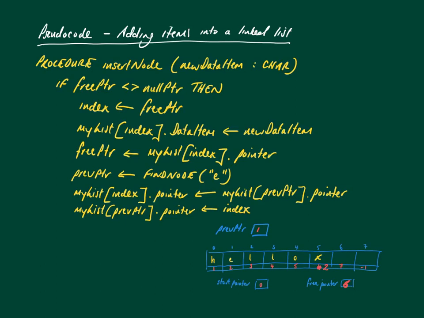Index was the original free pointer before it got changed, so it's pointing to 5, and so the 2 underneath E becomes 5. And now if we ran through and outputted all the nodes, we would get something like this.